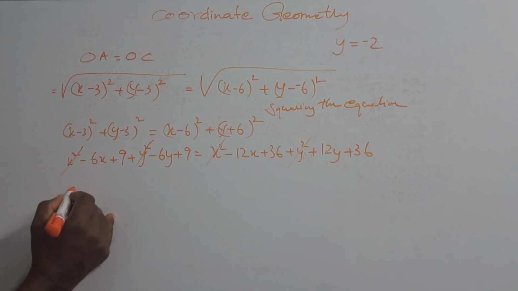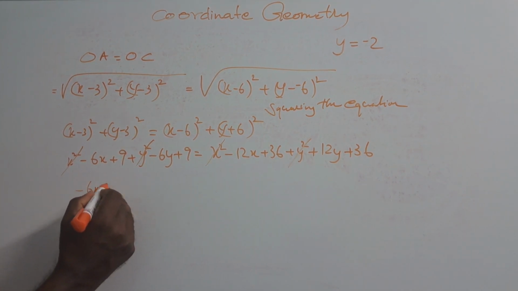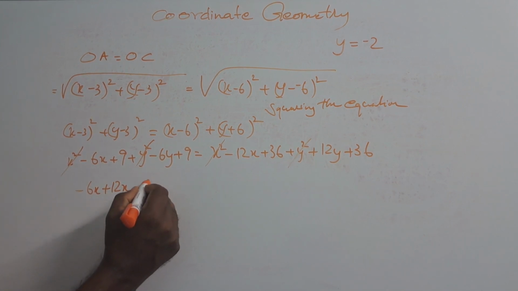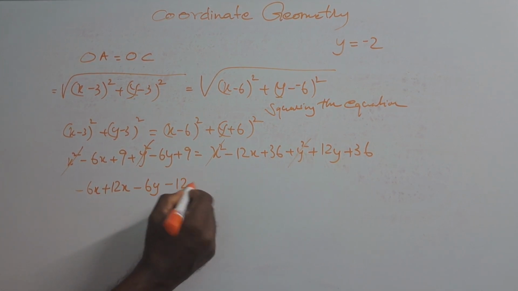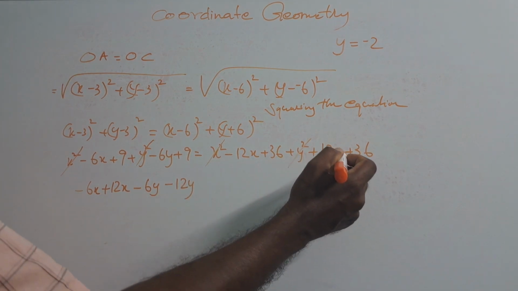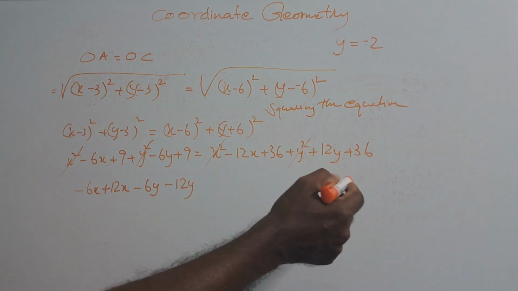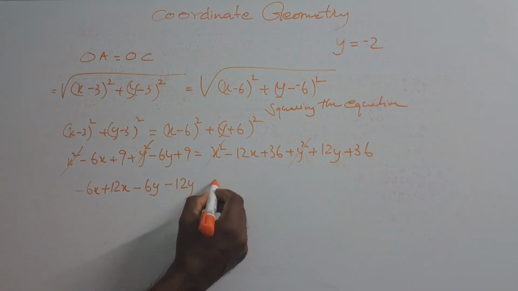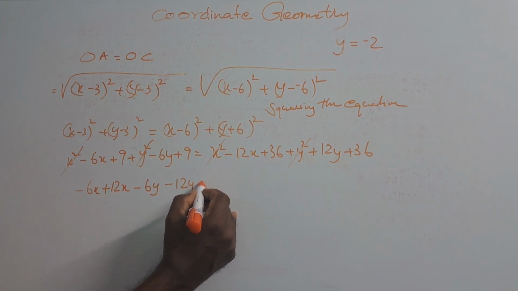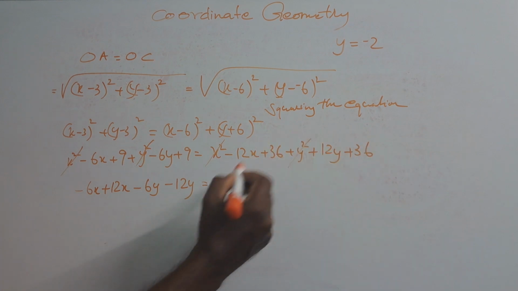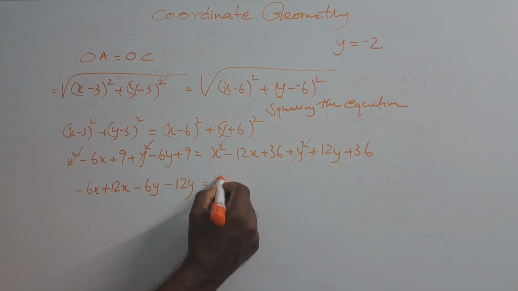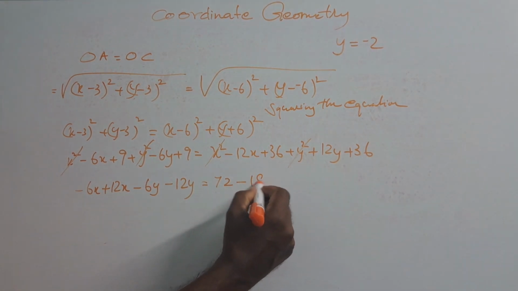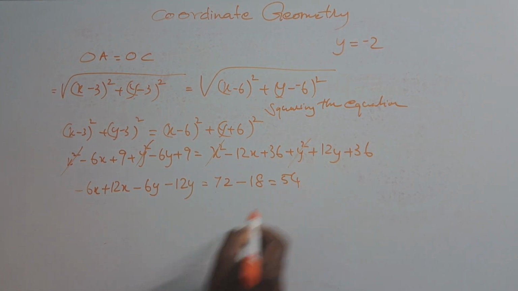We have minus 6x plus 12x, minus 6y minus 12y. When 12y is moved from RHS to LHS, it becomes minus 12y, is equal to 36 plus 36, 72 minus 9 plus 9, 18 equals 54.